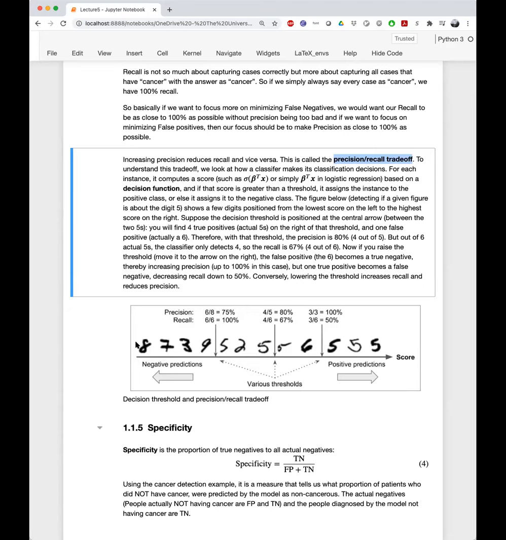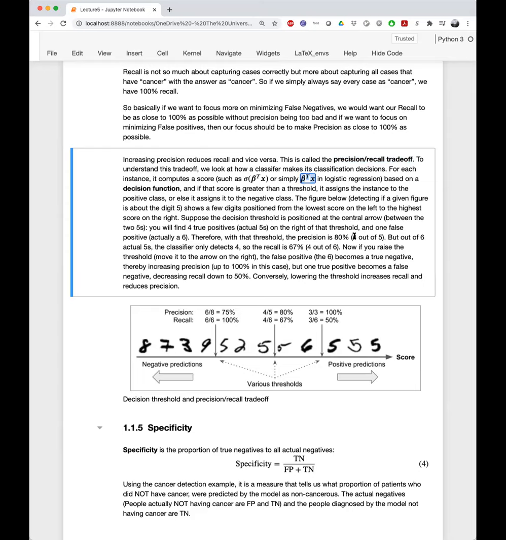Suppose we look at a binary classifier. Let's say we just use logistic regression to detect 5 and non-5. We have a score, which is simply beta transpose x.